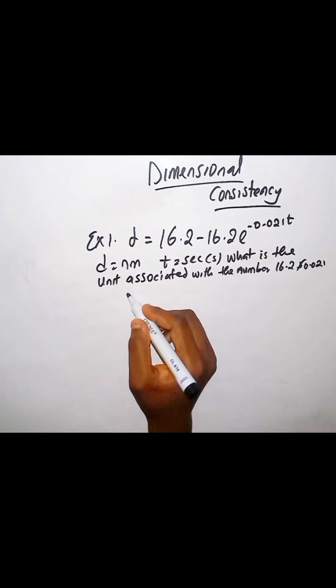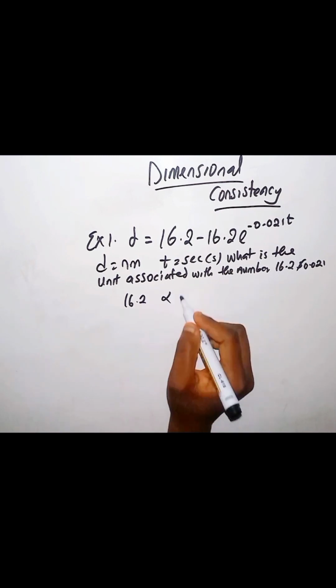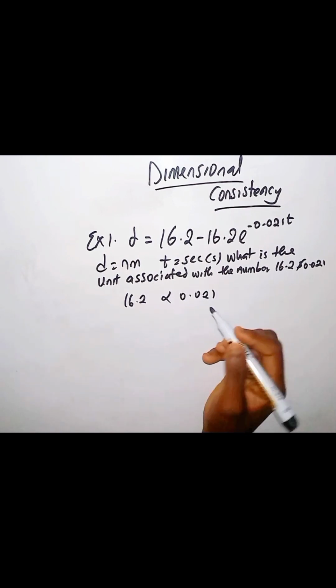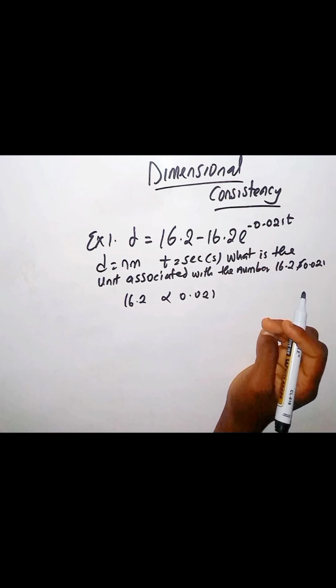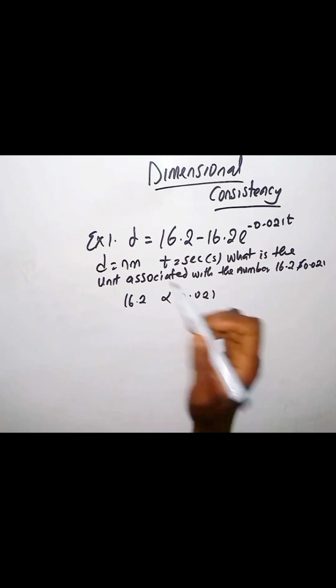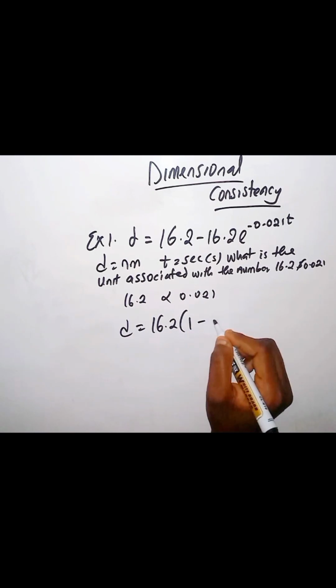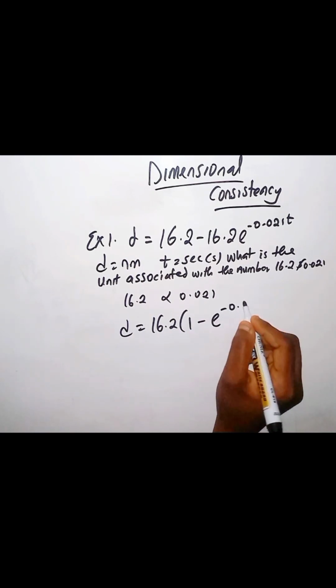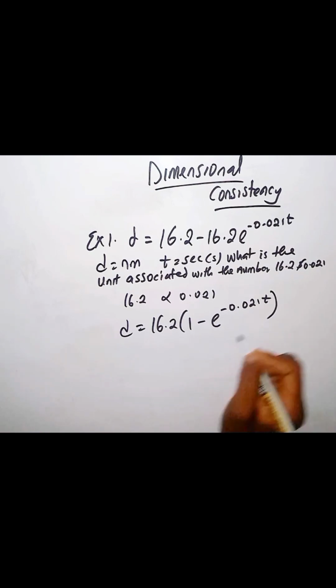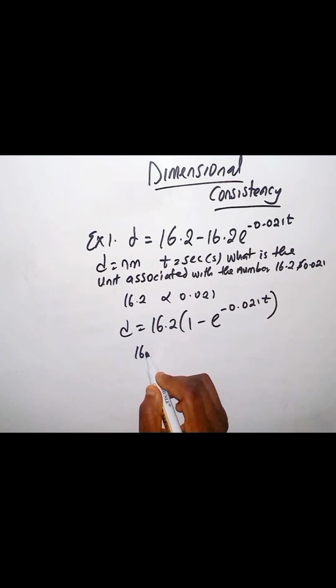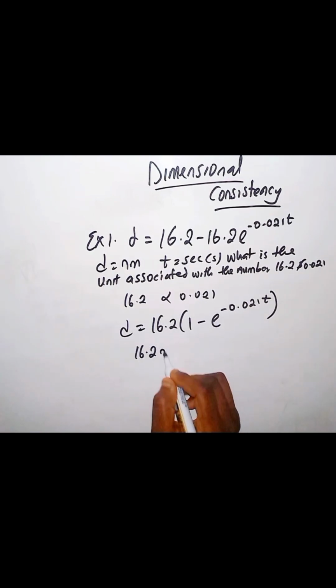Find the unit for 16.2 and the unit for 0.021 so that this equation can be dimensionally consistent. At the end of the day, you put 16.2 into brackets times 1 minus e to the power of minus 0.021 t. You can see that 16.2 should have nanometers.